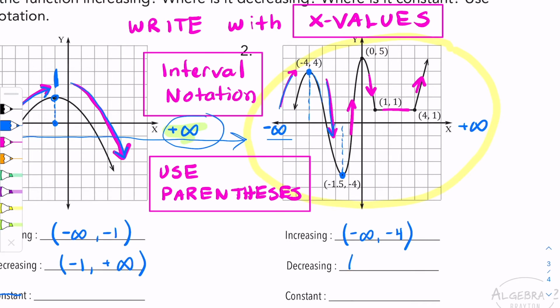So we are decreasing from -4 to -1.5. At -1.5, we start to head back up, and we're heading up until this point here at x coordinate 0. So I'm going to go back up to increasing, put a union. We are increasing from -1.5 to 0.